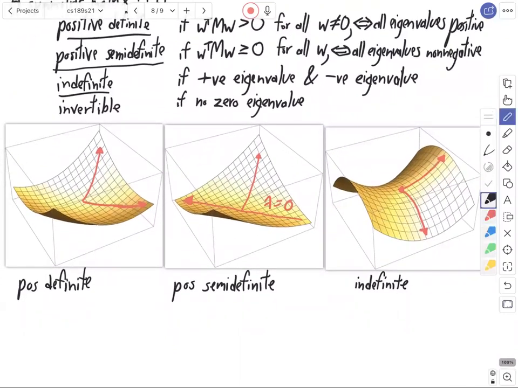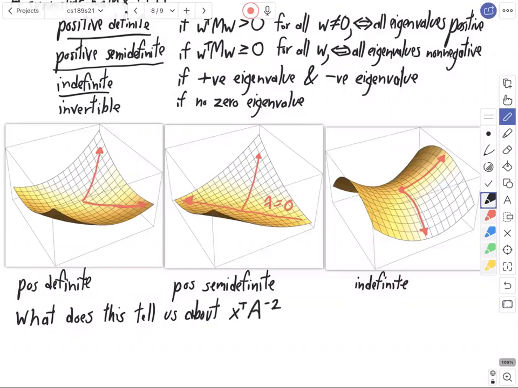So I cast this in terms of a general matrix M, but the specific matrix that we were looking at, because it's going to be important to us when we look at the multivariate Gaussian distribution, was x transpose A to the minus 2 x.